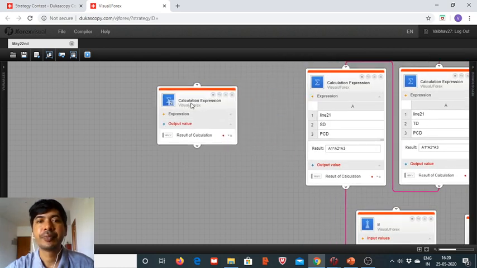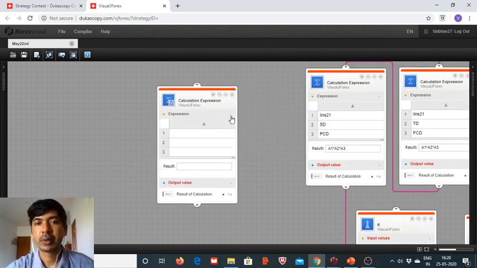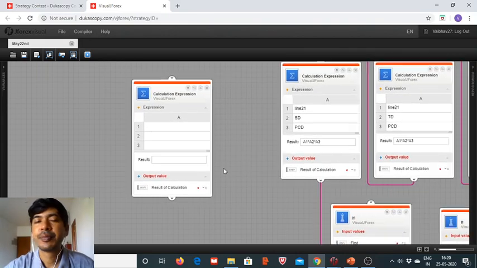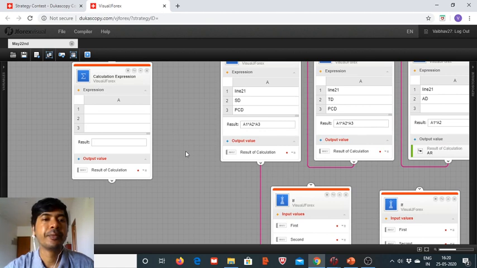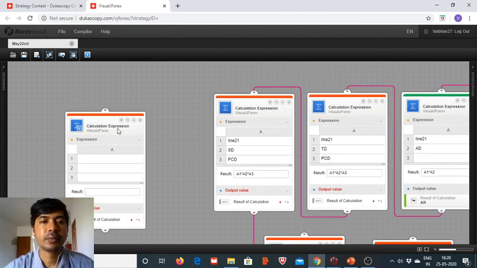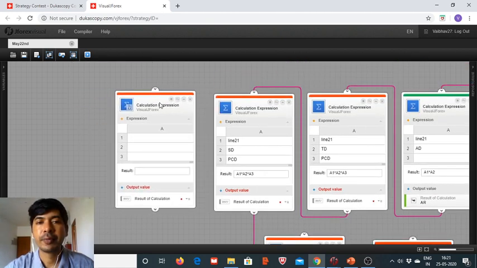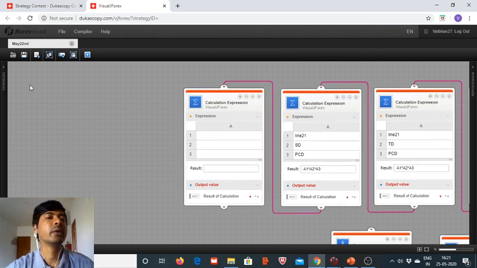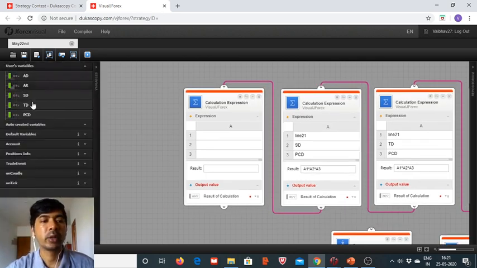So here we will need to disconnect that, and the last tick price needs to be taken into consideration.